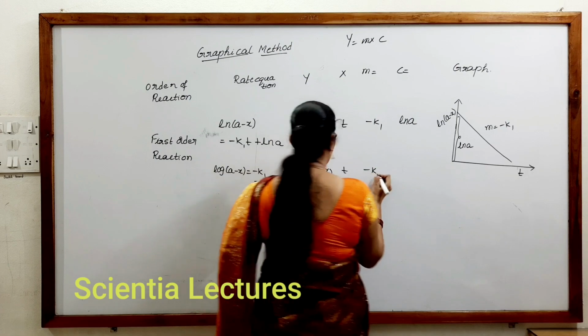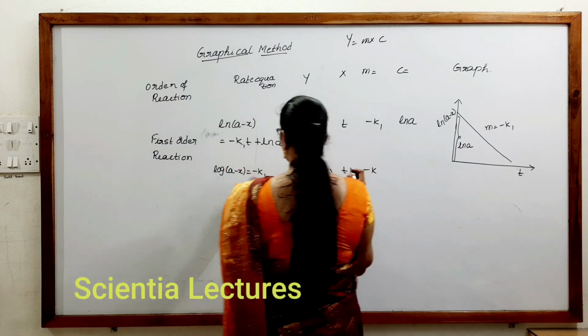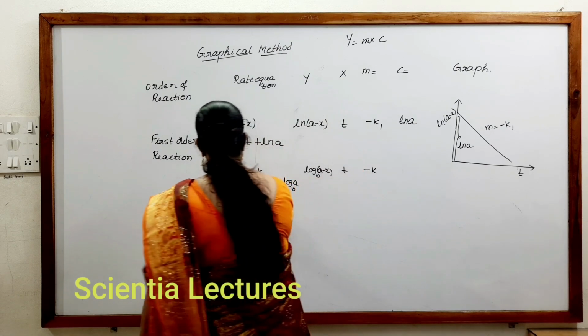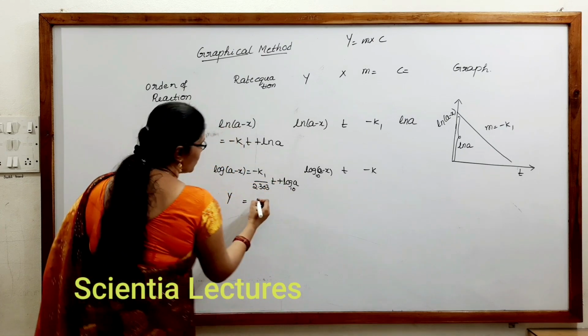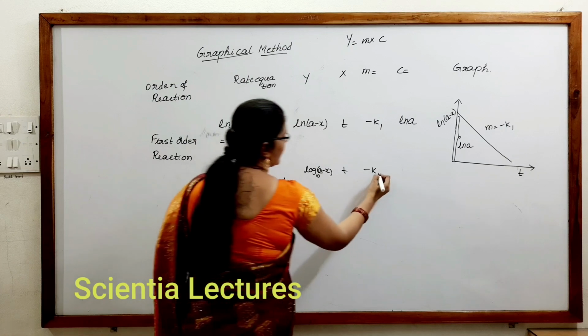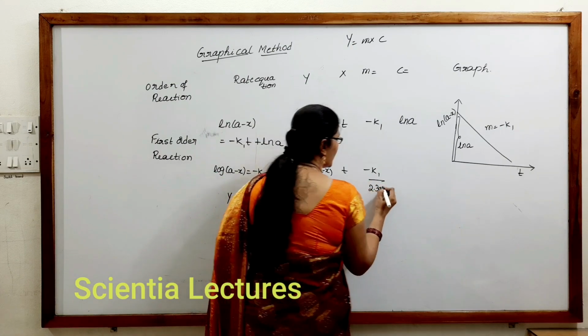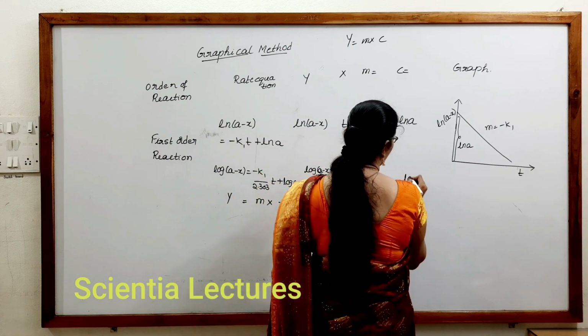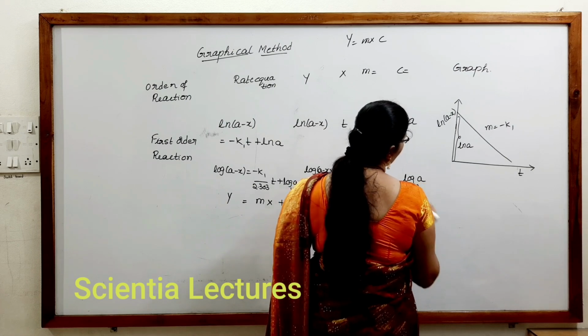Then what would be the slope here? It is written as y = mx + c. What is m here? You will get -k1/2.303. log base 10 a will be the y-intercept.